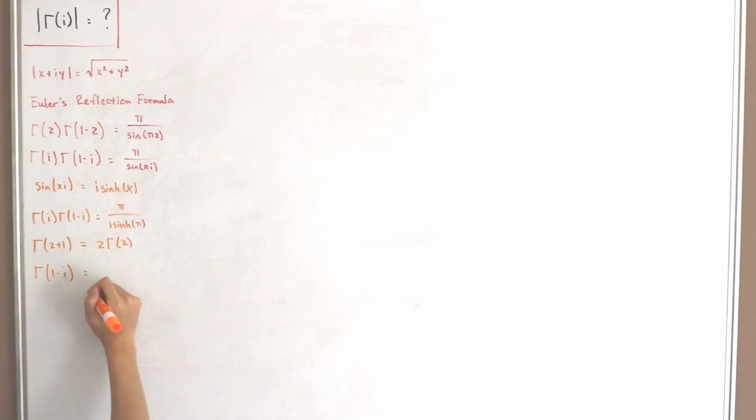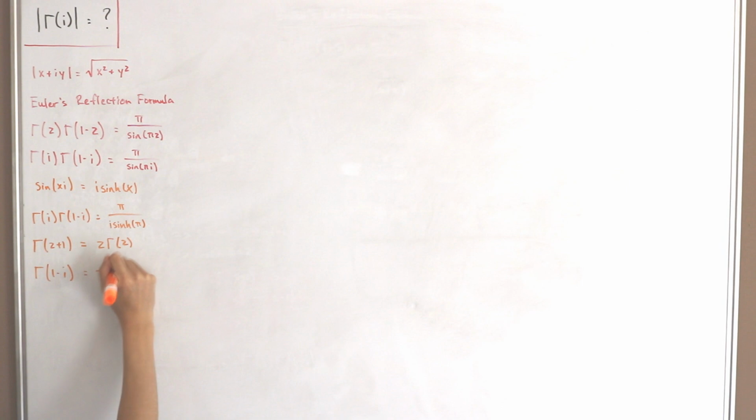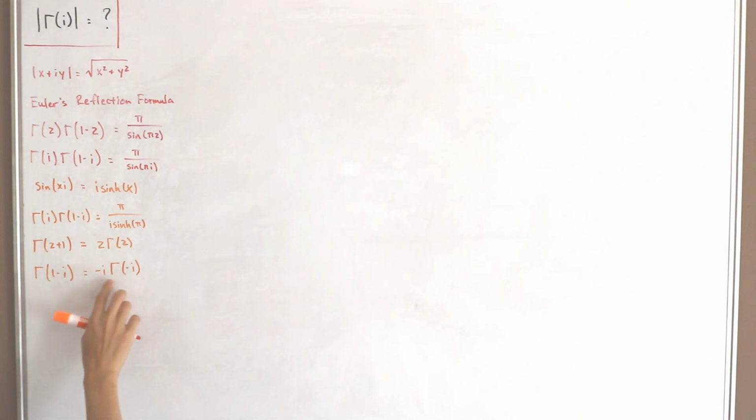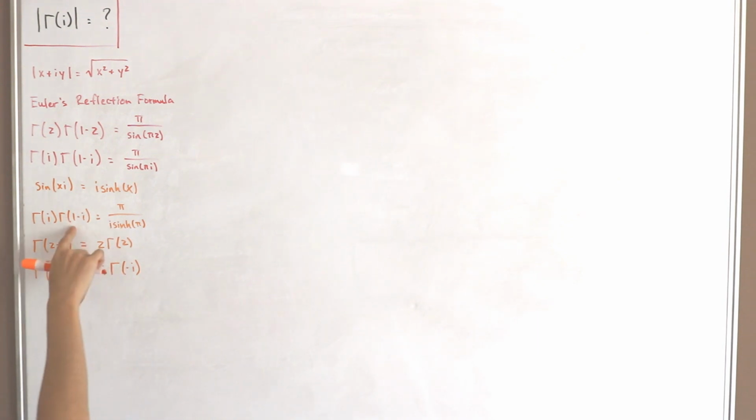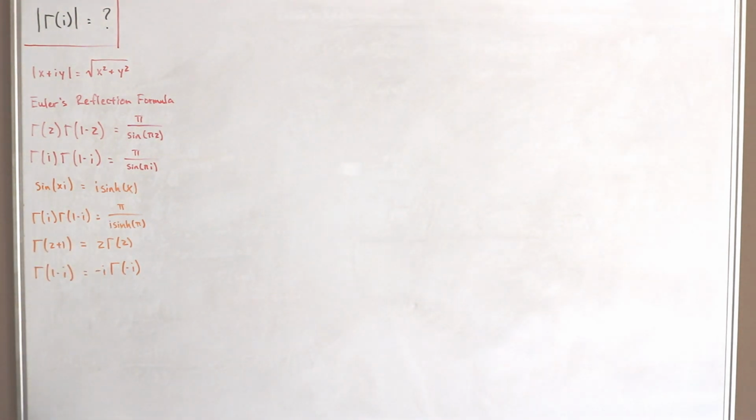So this will be negative i multiplied by gamma of negative i. So I can replace gamma of 1 minus i with negative i times gamma of negative i here.